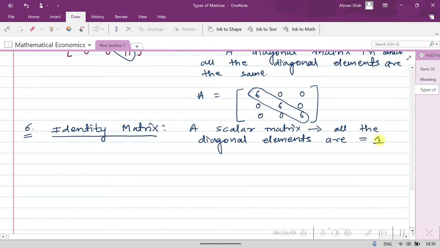The value of all the diagonal elements is 1, and it is denoted by capital I. So 1 0 0 0 1 0 0 0 1. You can see the value of all the diagonal elements is equal to 1, and therefore it is known as identity matrix.